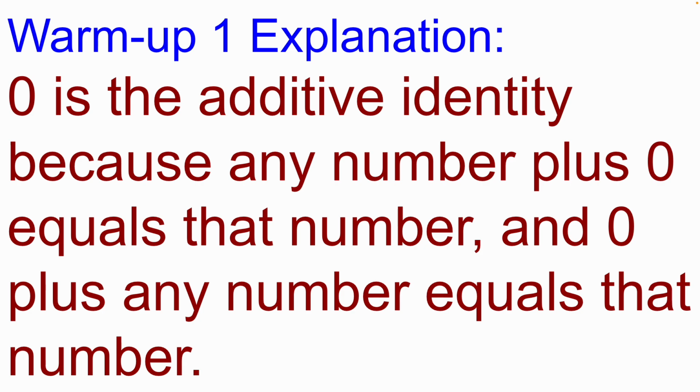And so what that means is that 0 is the additive identity, because any number plus 0 equals that number, and 0 plus any number equals that number. When you're adding with 0, you just get whatever number you're working with back.